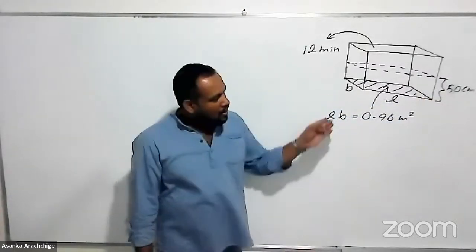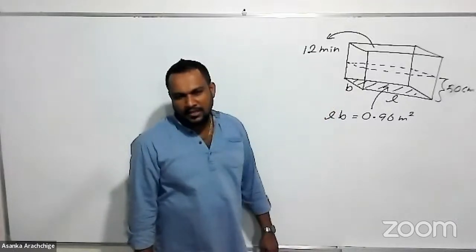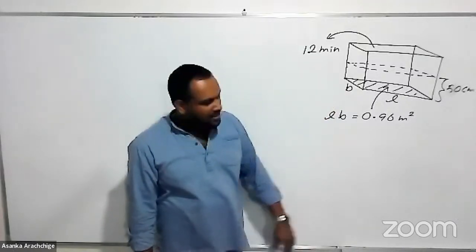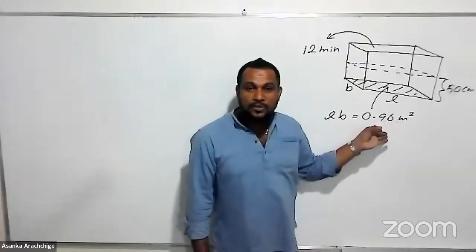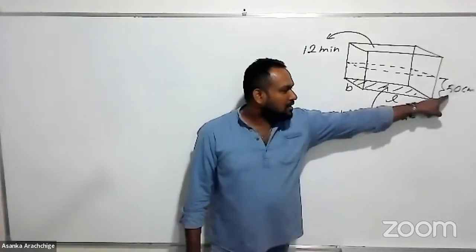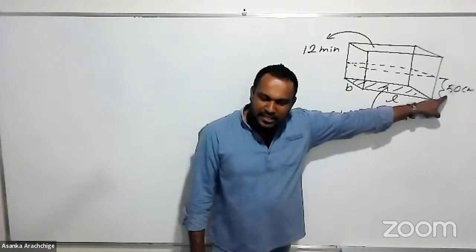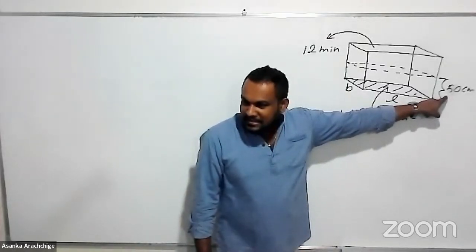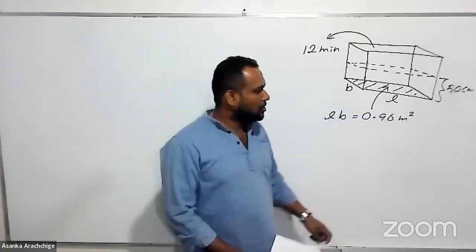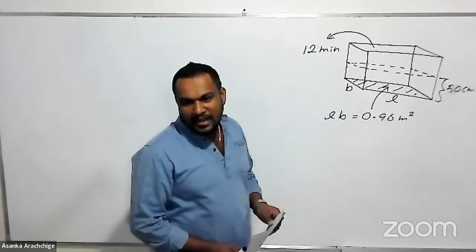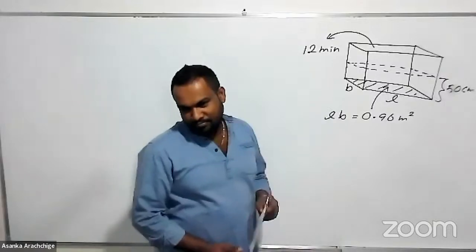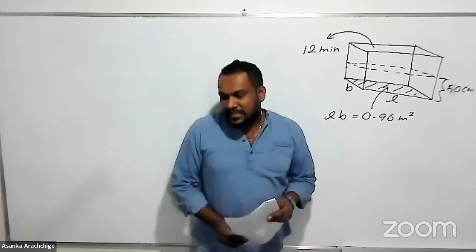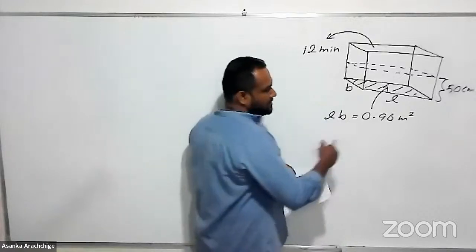Tell me, out of them, which is the easier one? Converting square meters into square centimeters, or converting 50 centimeters into meters? Converting 50 centimeters into meters. So, how many meters are there in 50 centimeters? 0.5 meters.